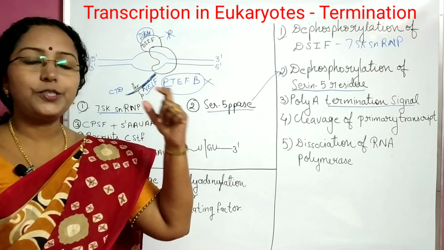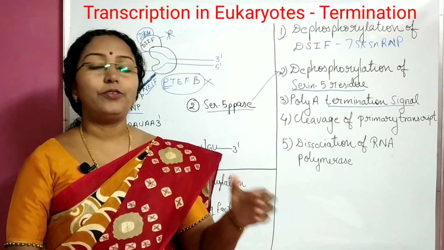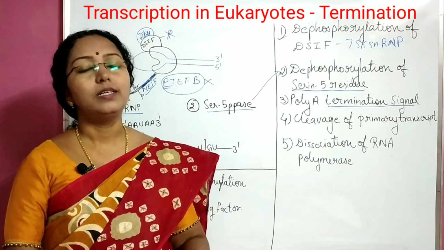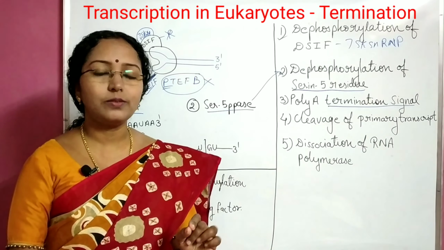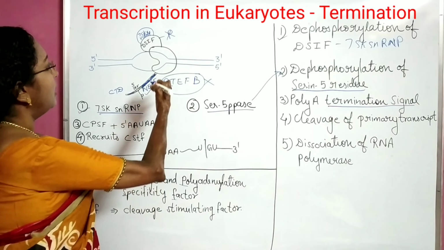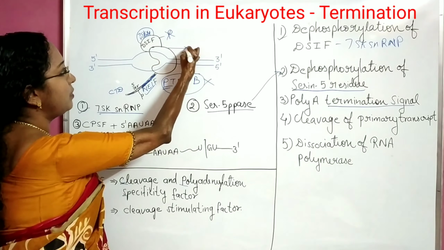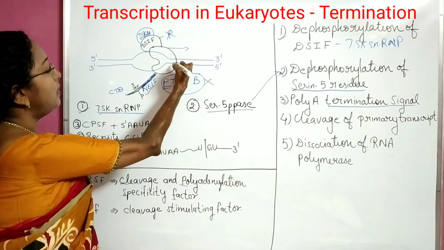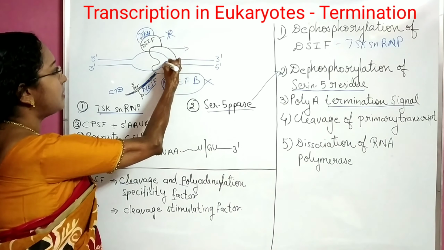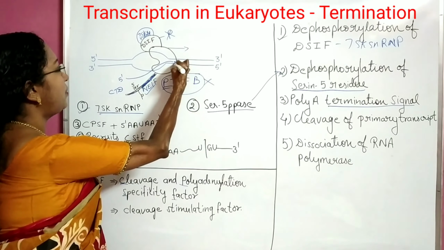You know, initiation was there in the promoter region. For elongation there were signals and factors also. Similarly, for termination also there is a signal. What is that signal? As the RNA polymerase is moving forward along the DNA molecule, new RNA is getting synthesized in the 5' to 3' direction.